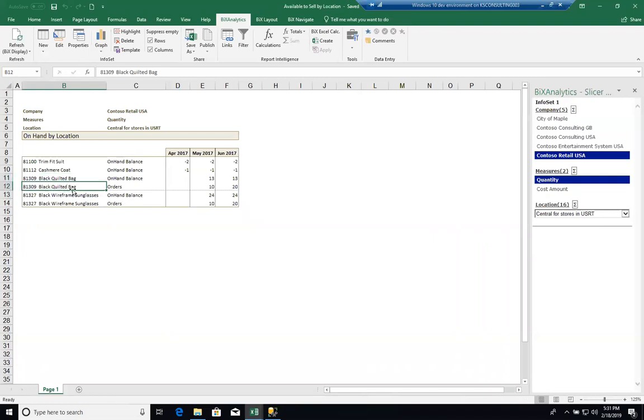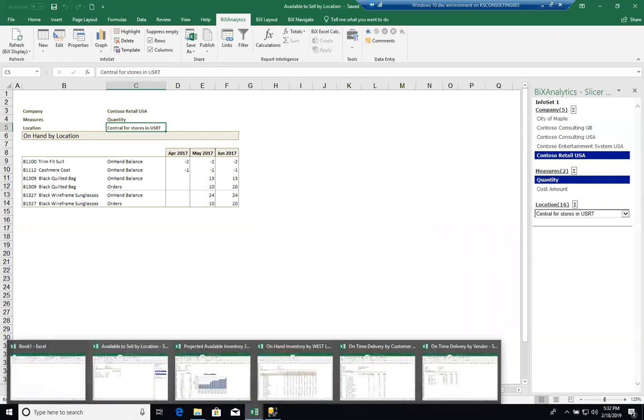So here I can see the black quilted bag has an on-hand balance of 13, and then there's 10 units that are on order that are supposed to be brought into the central location. So it's that kind of information that ultimately plays into the available to sell. If there were sales orders, then those would be decrements from the on-hand balance or the anticipated available to sell for that particular item. But again, it just shows how that information is available and starts to kind of play together.